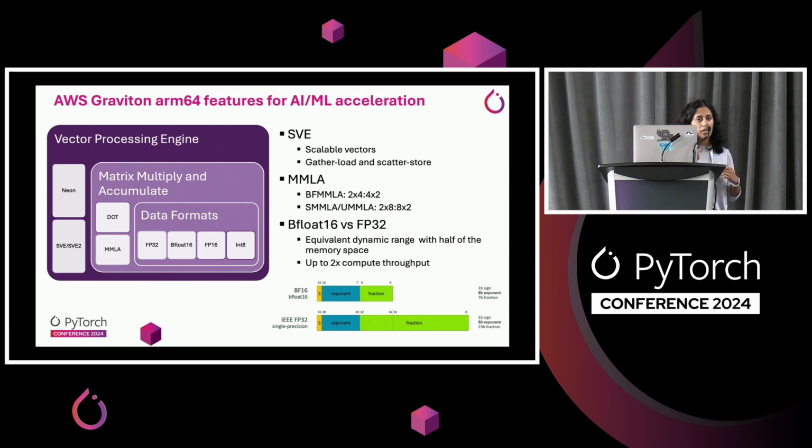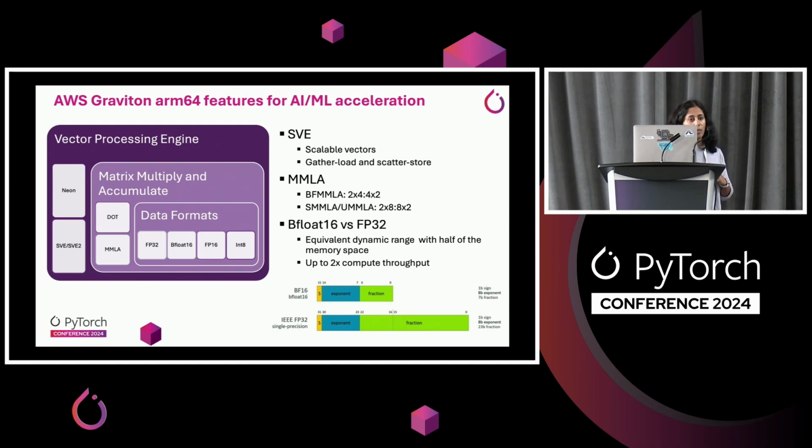That's a big deal when it comes to machine learning. SVE also supports scatter-gather instructions, which are very efficient for processing sparse data. And coming to the instructions, Graviton supports both DOT and MMLA for accelerating matrix multiplications in the hardware.